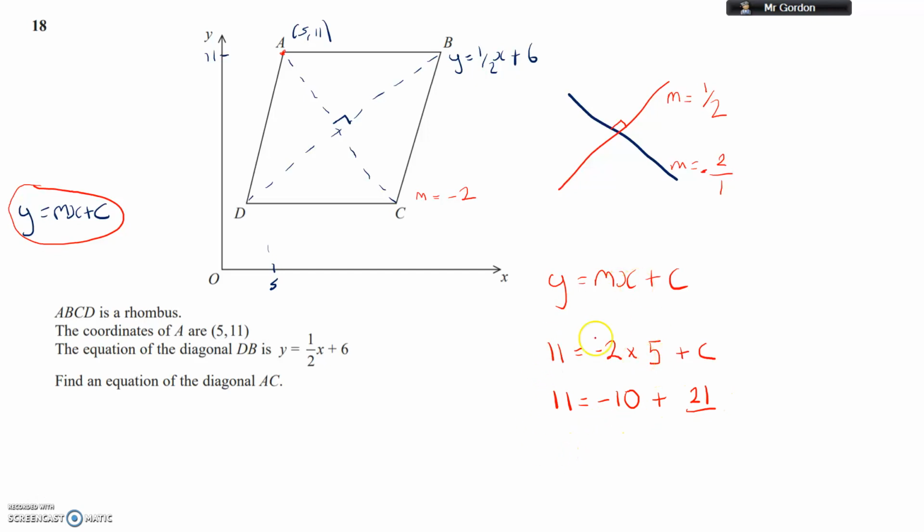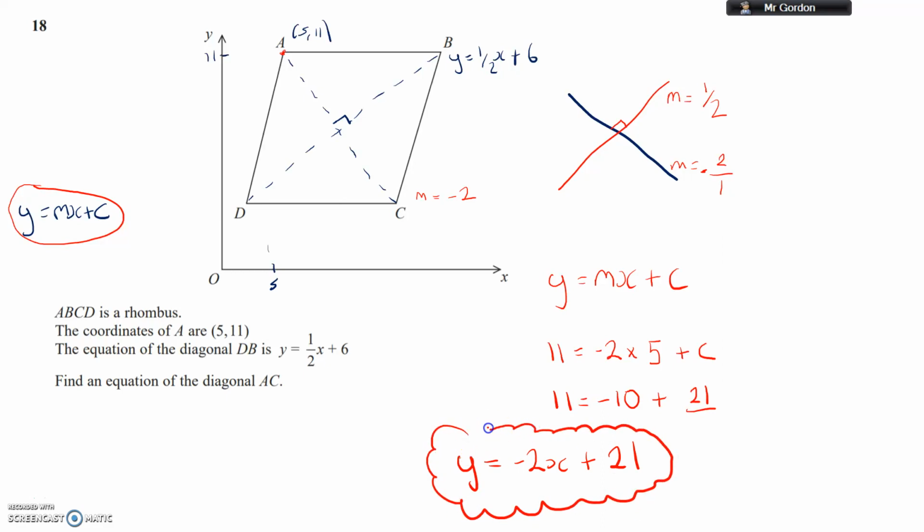The equation of the line: we know m is minus 2, and we know plus c is 21. So we can write our y equals mx plus c for the line. The equation would be y equals minus 2x plus 21. So that would be the equation of the diagonal AC.